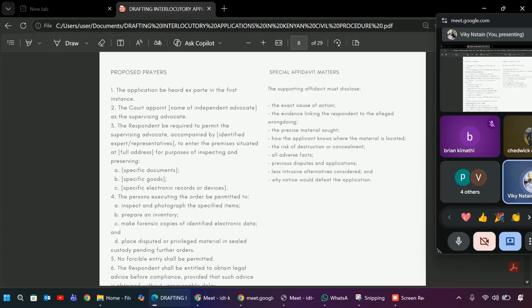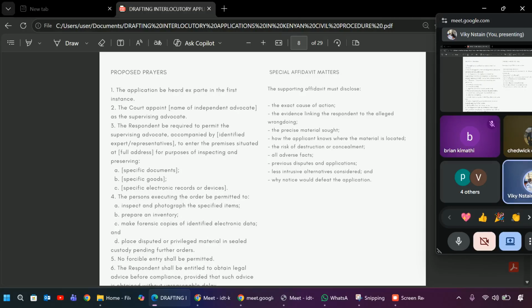And that the persons executing the order be permitted to inspect and photograph the specified items, prepare an inventory, make forensic copies of identified electronic data, and place disputed or privileged material in sealed custody pending further orders.